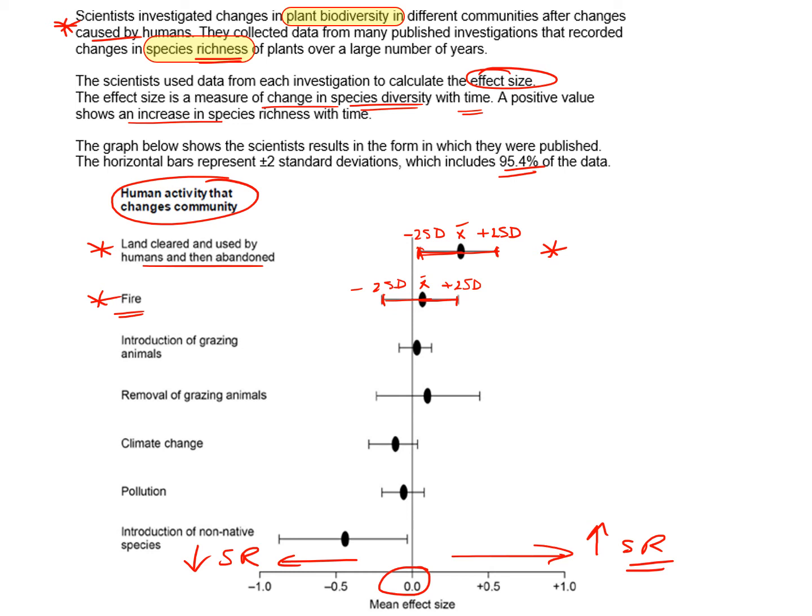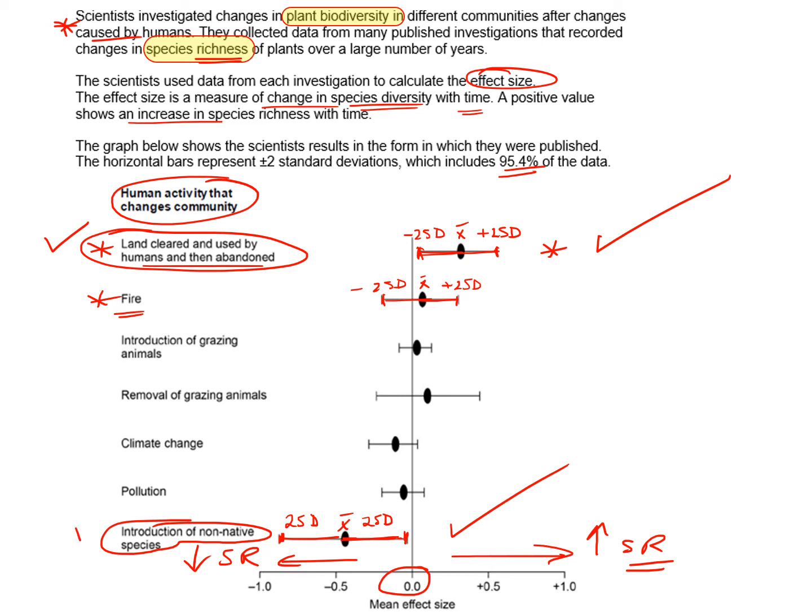Now, if you look at all the data, the only 2 human activities where the standard deviation bars do not overlap with the 0 value are the one at the top and the introduction of non-native species. So if you look at the mean value here, and then you've got 2 SD beneath it and 2 SD bars above it, if I just put circles around this one and this one, the SD bars do not overlap with the 0 mean effect size.